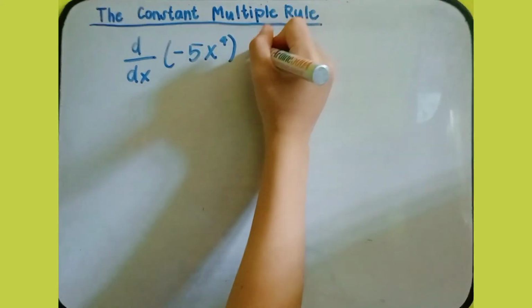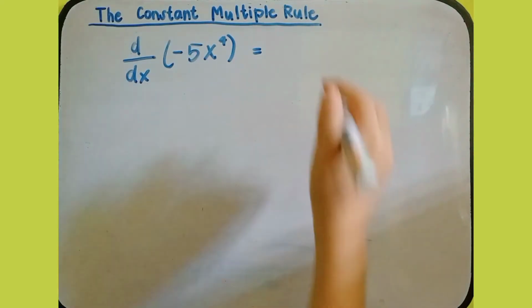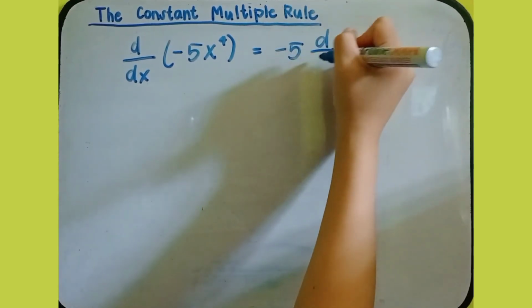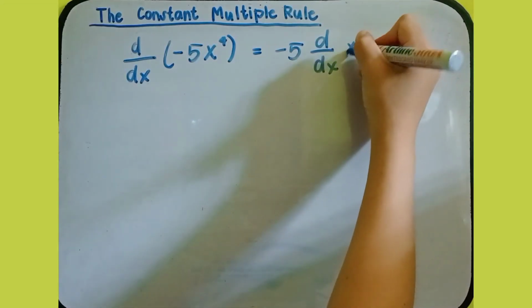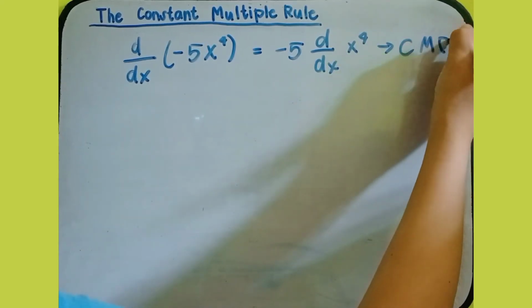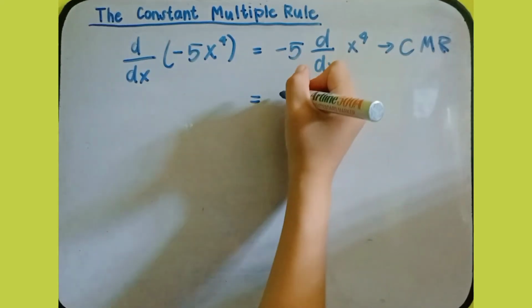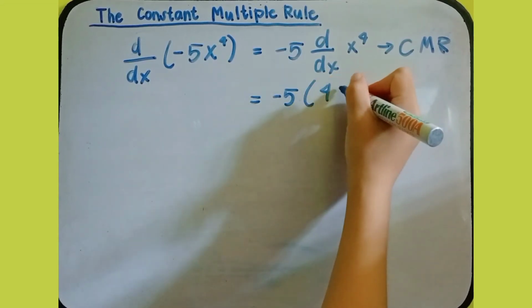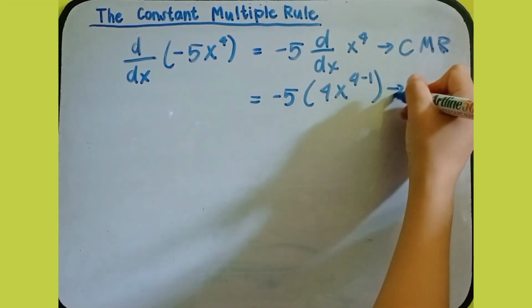Now we have negative 5 times d over dx of x to the fourth by the constant multiple rule, and negative 5 times 4x raised to 4 minus 1 by the power rule.